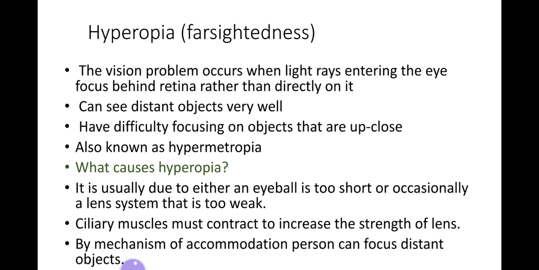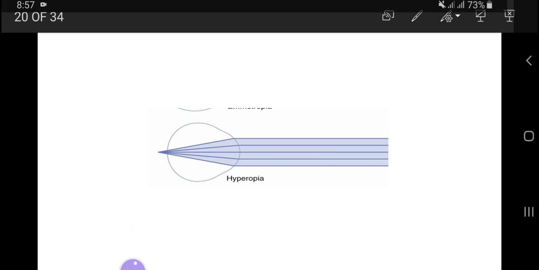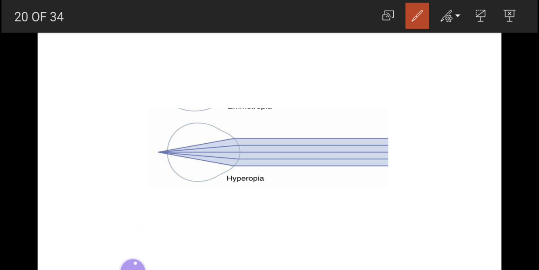Another problem can be the ciliary muscles. The ciliary muscle must contract to increase the strength of the lens. By the mechanism of accommodation, a person can focus distant objects to some extent but not correctly. This figure shows the hyperopic patient, showing that the image is not formed on the retina.